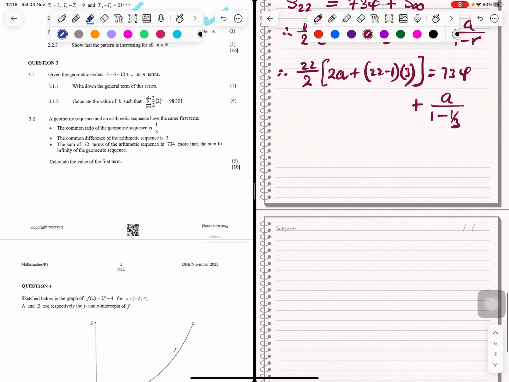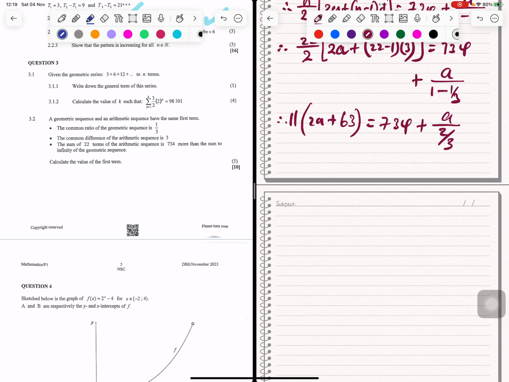Okay, let's use algebra here. That is 11 into 2a plus 22 minus 1, which is 21. 21 times 3, you get 63, is equal to 734 plus a over 1 take away 1/3. 1 take away 1/3 is 2/3.